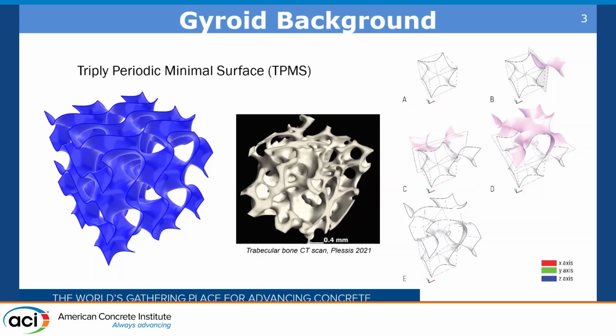The gyroid isn't just a mathematical structure. There's also some indication of presence of gyroids in natural structures, such as the microstructure of bones and in butterfly wing scales. You can see gyroidal shapes. And as far as printing goes, the gyroid is already in use in micro and nanoscale printing and in small-scale plastic printing.